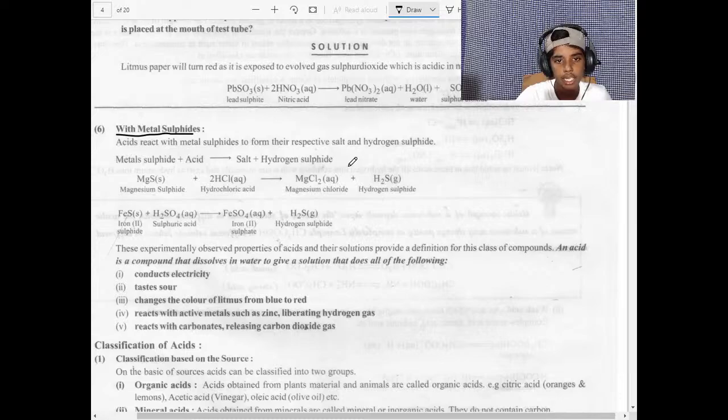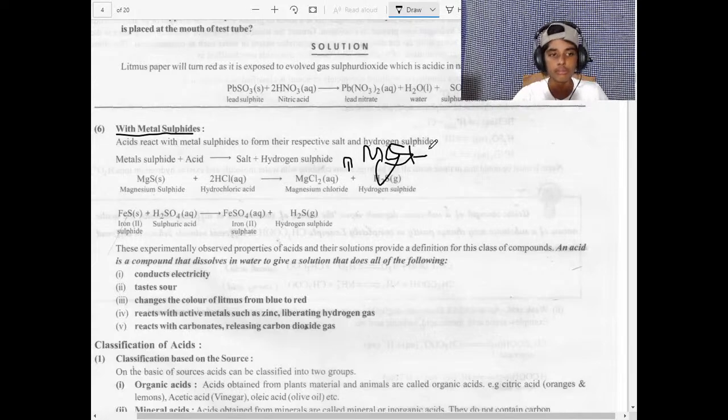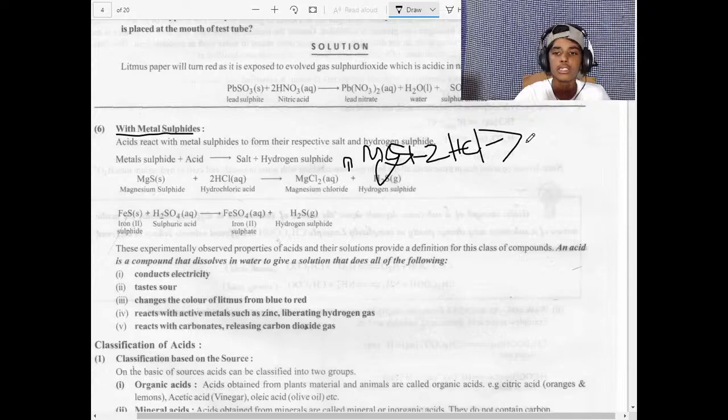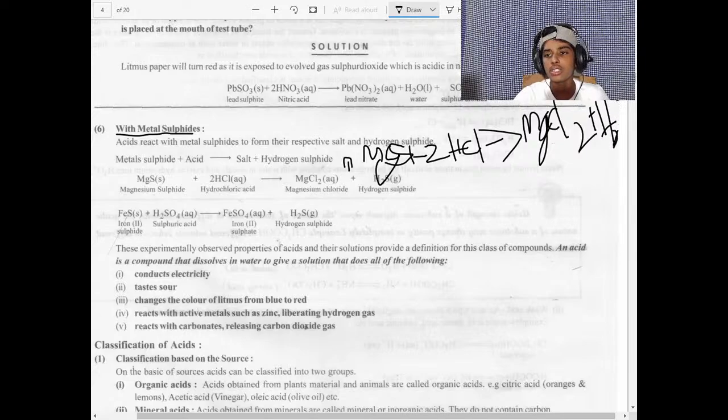And here I will start onwards. Magnesium sulfide plus hydrochloric acid: MgS plus 2HCl will give MgCl2 plus H2S.